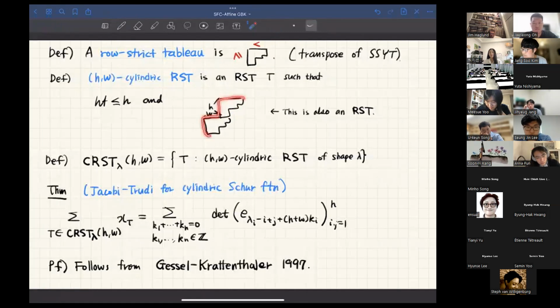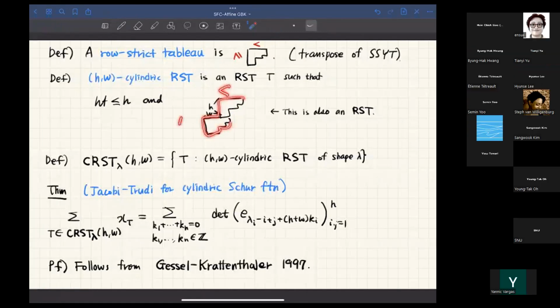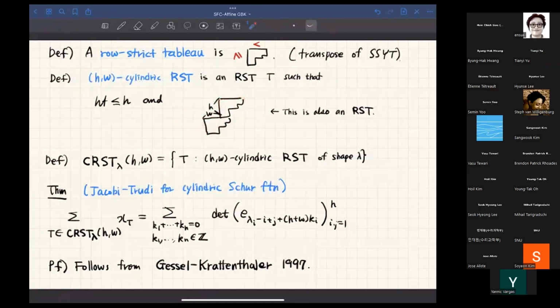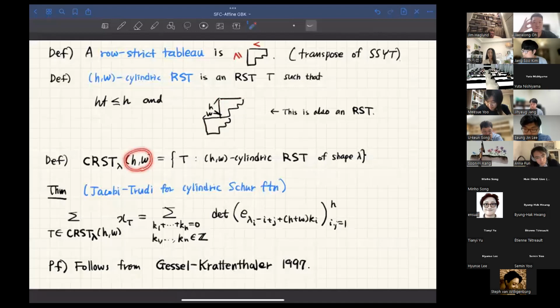We still have the same condition, like the row-strict condition like that. It is called an h,w cylindric row-strict tableau. And I'm going to define this set of all h,w cylindric row-strict tableau of shape lambda. Okay, then this is the Jacobi-Trudi formula for the cylindric Schur function.